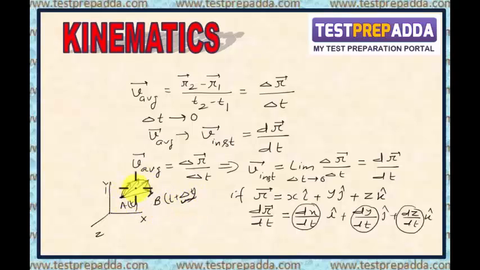So if we go on reducing like this at time t, it becomes the tangent to the path. It becomes tangent to the path.